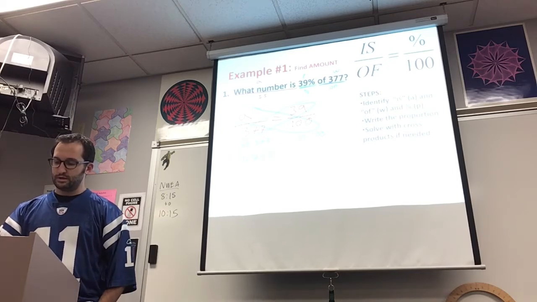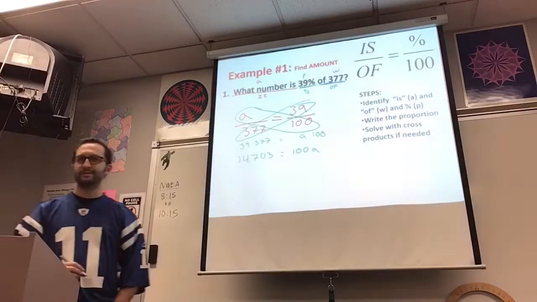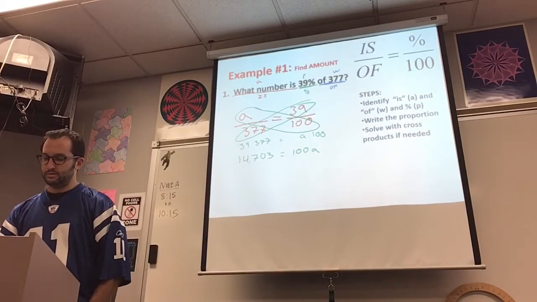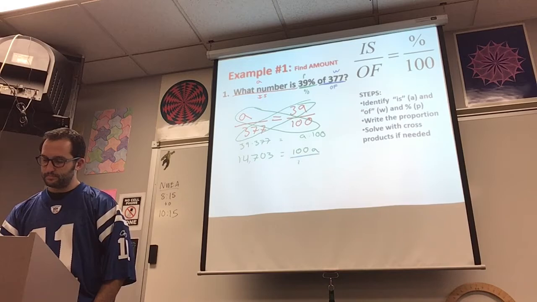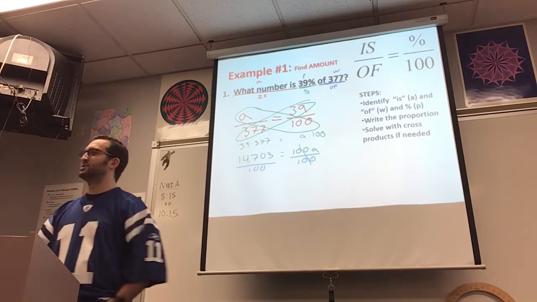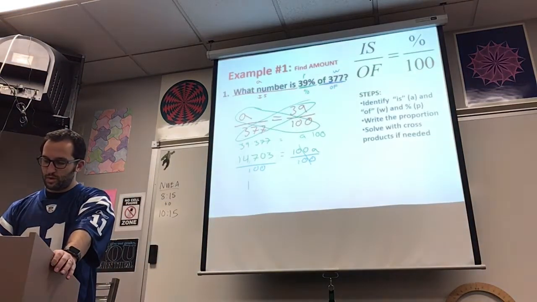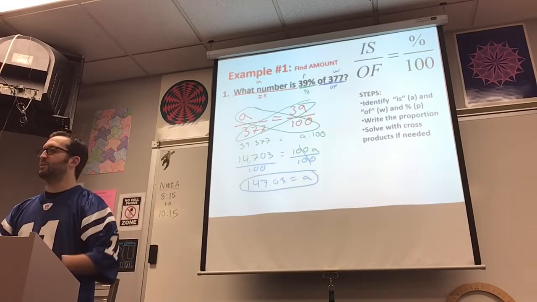So 14,703 is equal to 100A. So then to isolate A, what do I need to do? Divide both sides by 100, which is really just moving the decimal point 2 spots, right? So that ends up being 147.03 is equal to A.